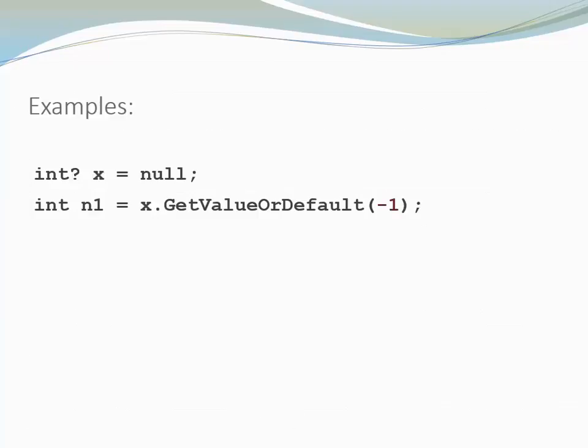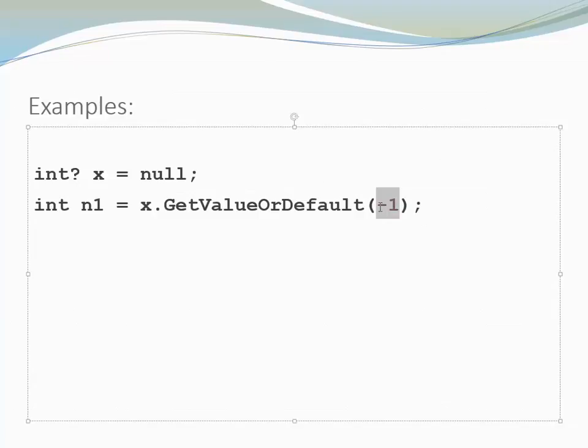Fortunately, I have the possibility to specify my own default value. I can pass -1 as an argument to GetValueOrDefault, and now my method is going to check whether x is null. If that is the case, -1 is going to be returned. Otherwise, the value of x is going to be returned.